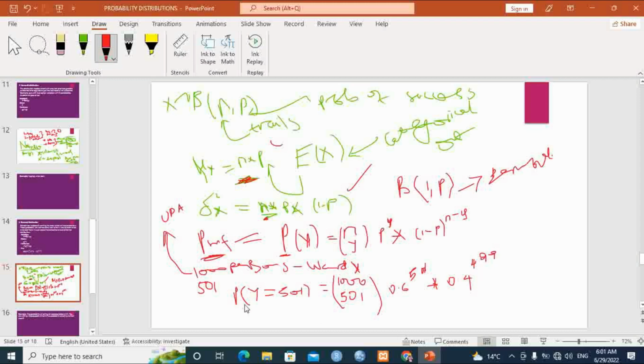So what is the probability of UDA getting 501 votes out of these people?